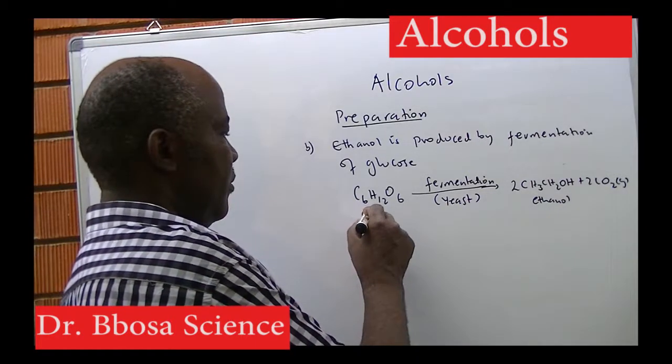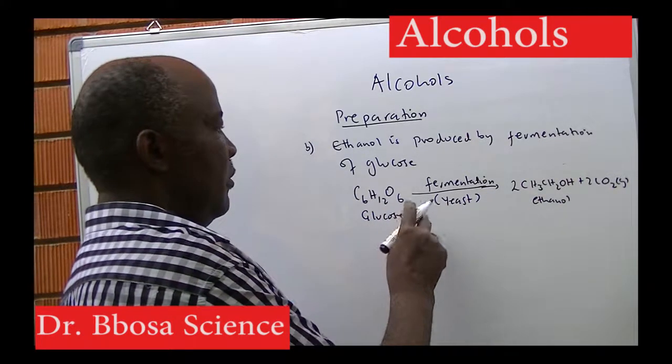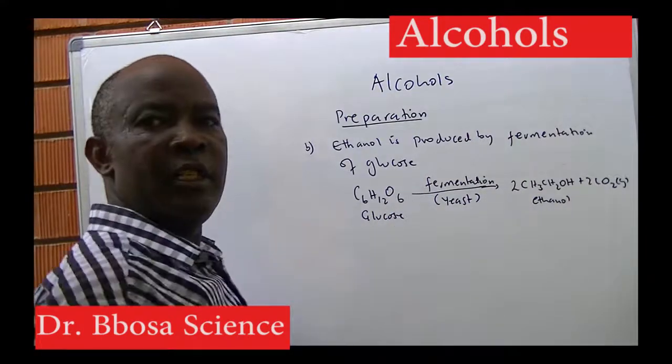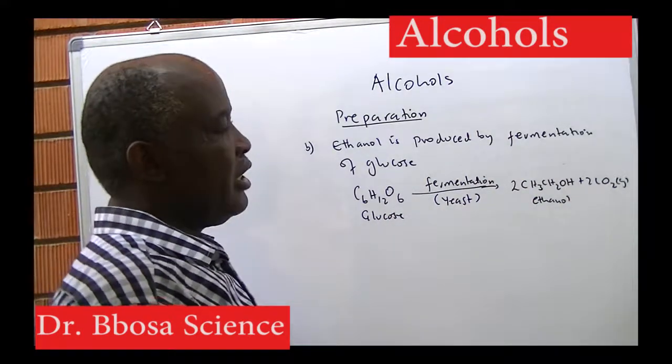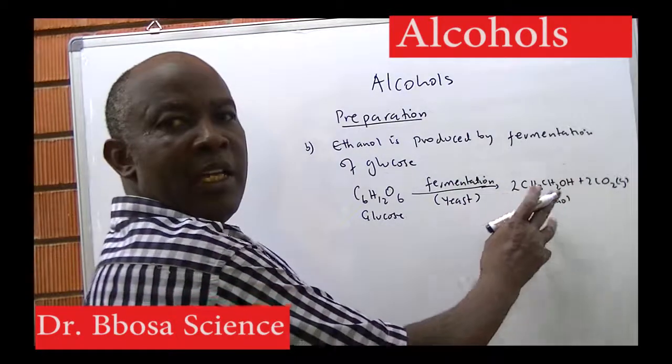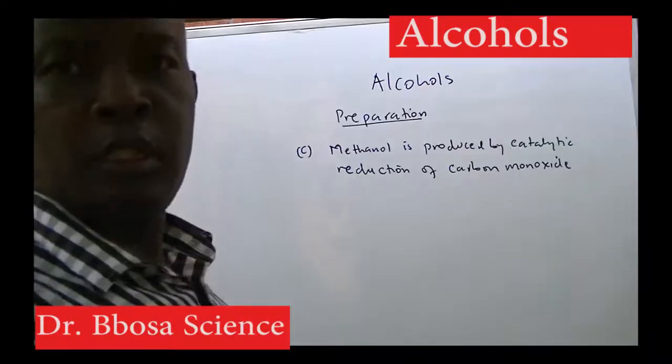Glucose undergoes fermentation in the presence of yeast to produce ethanol and carbon dioxide.